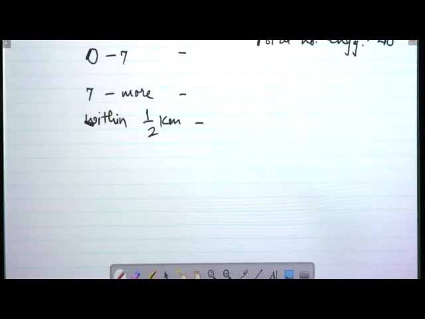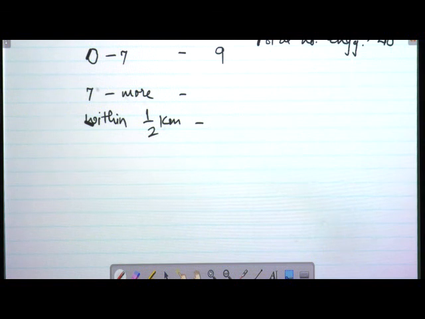Favorable outcome, 9 of them. Out of a total of 40 engineers, 9 of them stay less than 7 kilometers from the workplace. Their residence is less than 7 kilometers from the workplace.